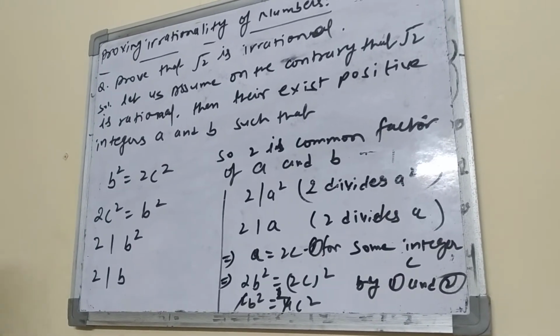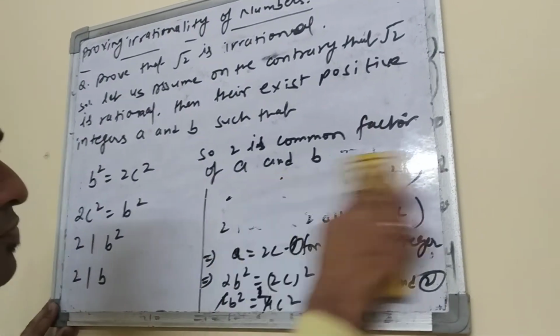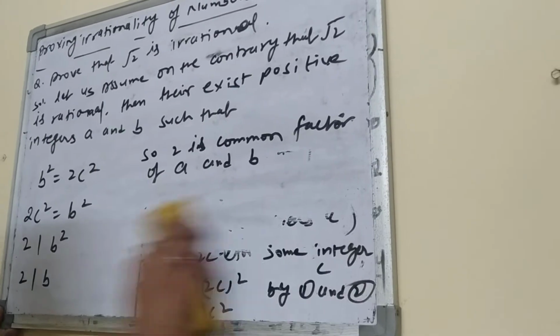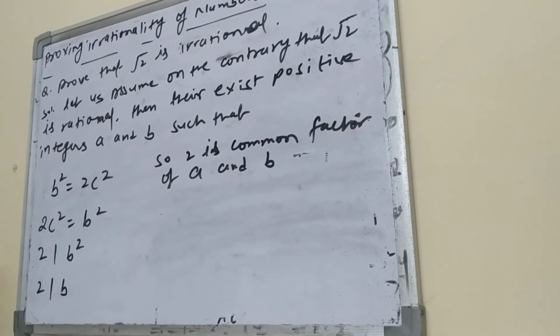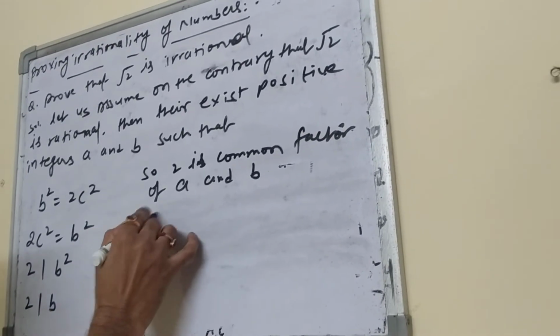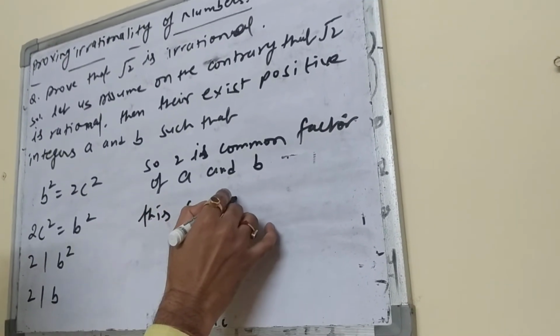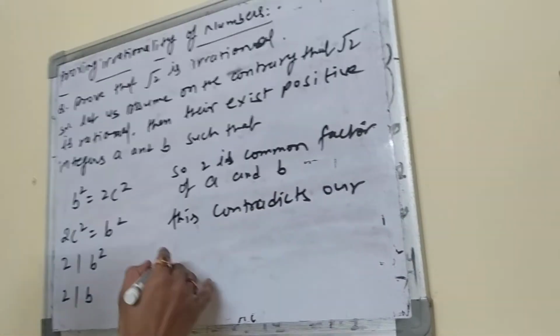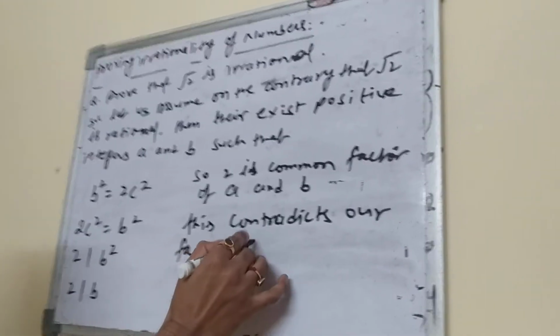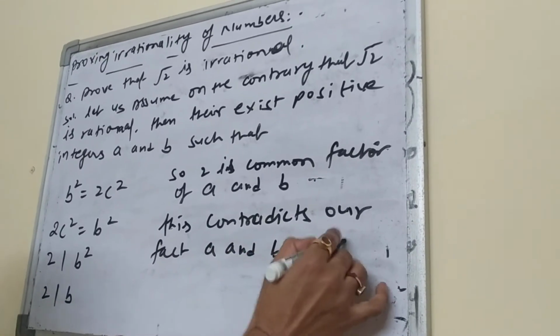This contradicts our fact that a and b are co-prime.